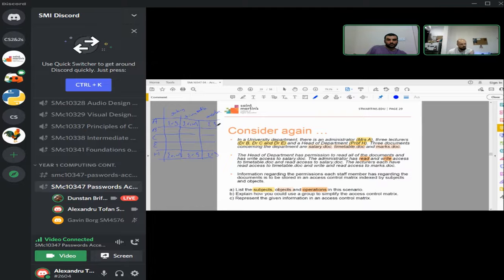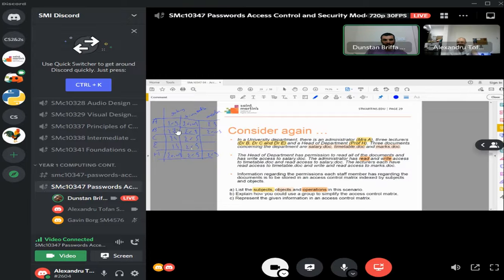The lecturers each have read access to timetable, and write and read access to the marks. And here, this would be empty. So these would all be empty. My curly brackets are not very tidy, as you can easily notice.